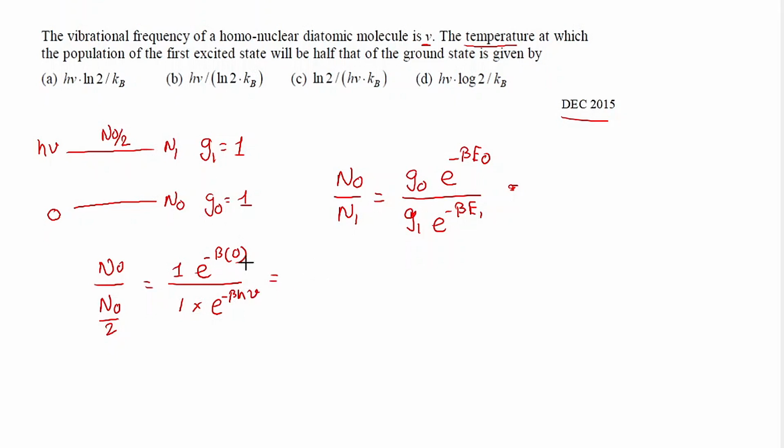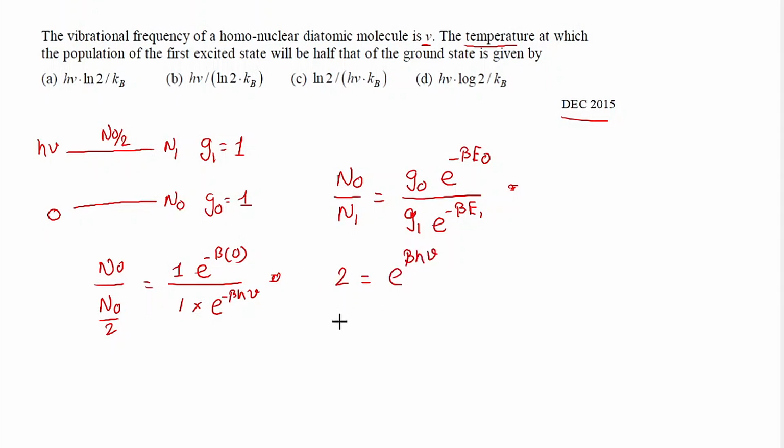Both n0 will be cancelled out, and this will come in the numerator, so we can write 2 is equal to e raised to beta h mu.